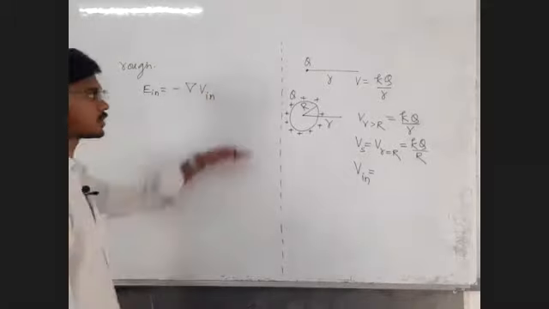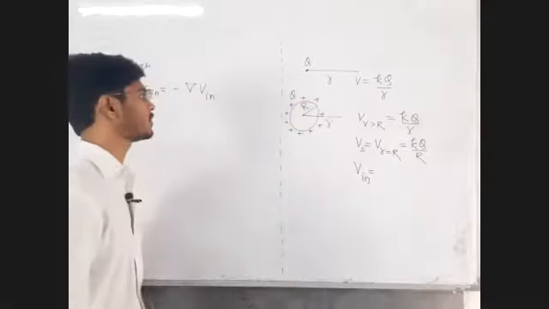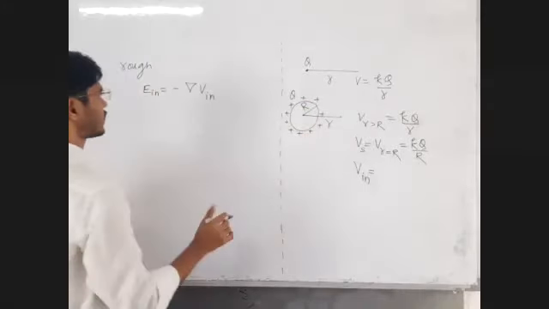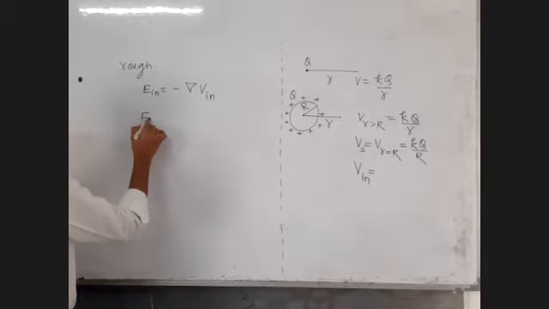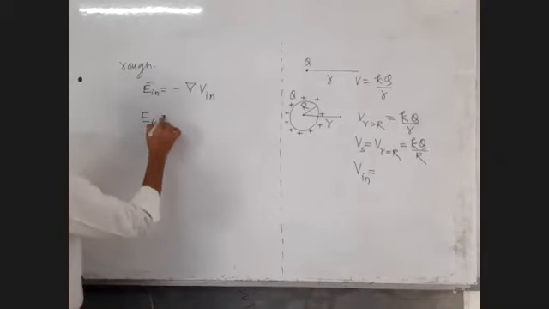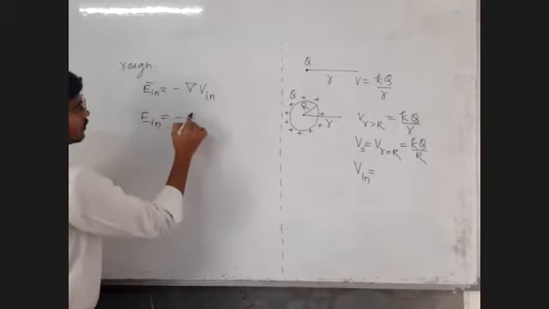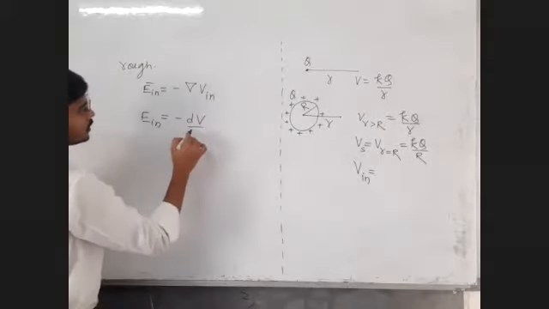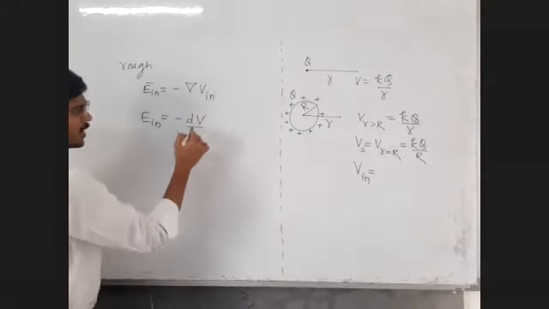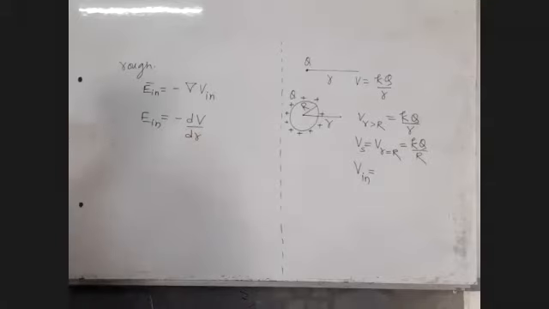Let's say one dimensional case, only the r dimension, the horizontal dimension we are considering. In that case, I can write minus dV by dr, not dou V by dou r, one dimension dV by dr.